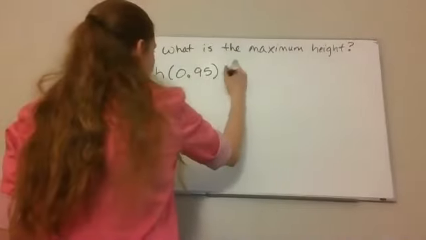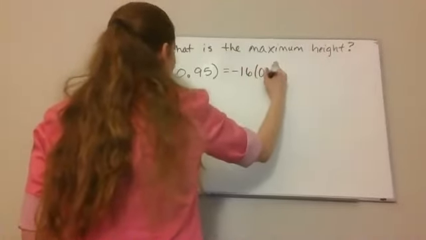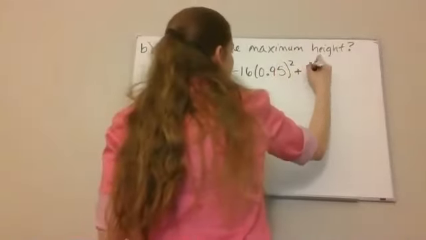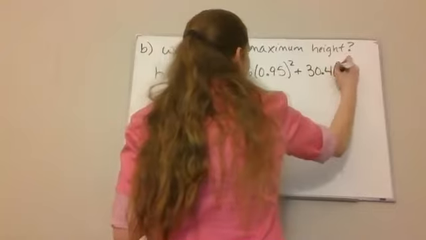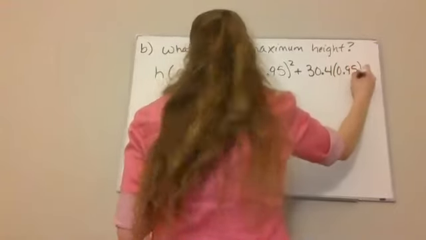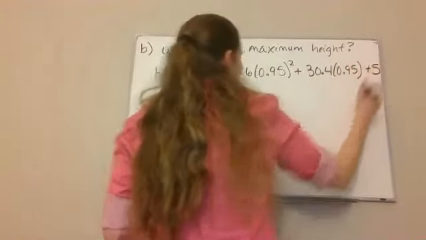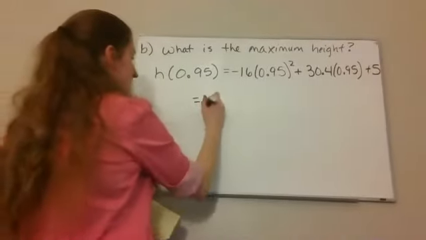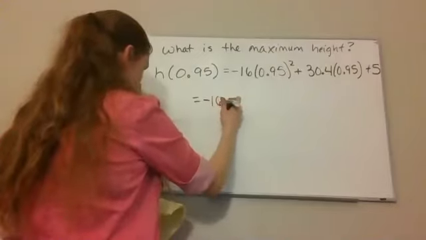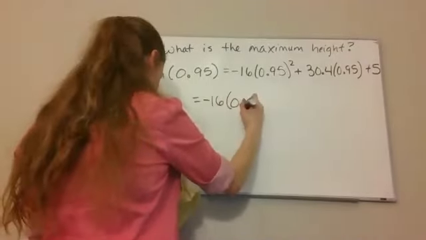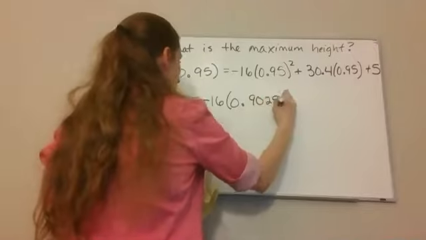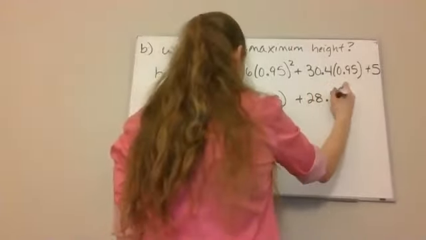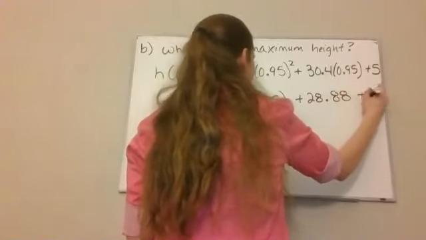So I get negative 16 times 0.95 squared plus 30.4 times 0.95 plus 5. And when I simplify that, that will get me the maximum height of the ball. This is negative 16 times 0.9025 plus 28.88 and plus 5.